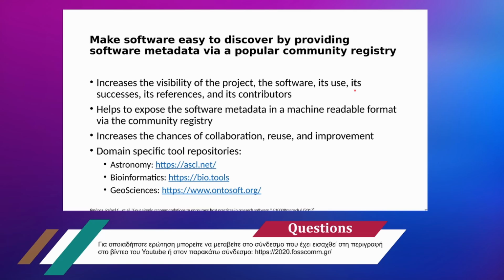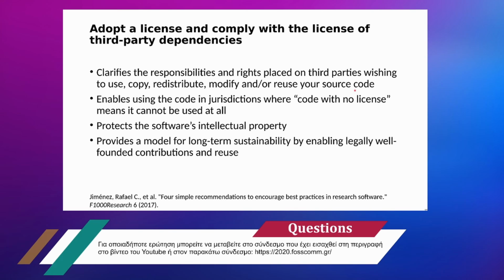I have listed three here: in astronomy, in bioinformatics, which is from the Elixir project, and from geosciences. So many people just publish code on GitHub and say, okay, I'm done with openness. No, there are many other repositories and public databases where you can publish your code or your data or whatever you are doing.